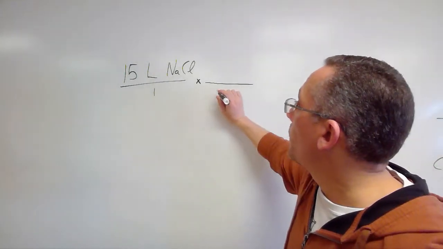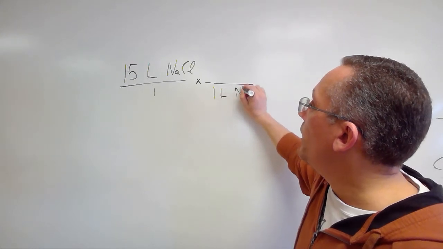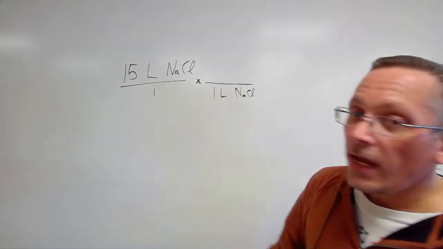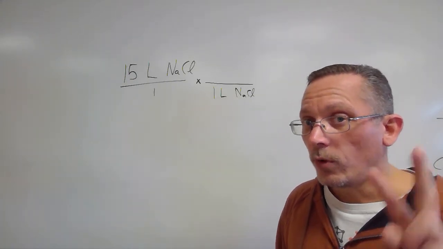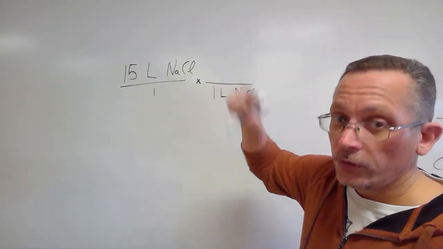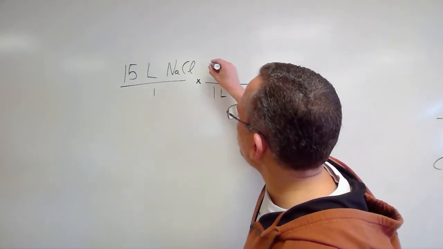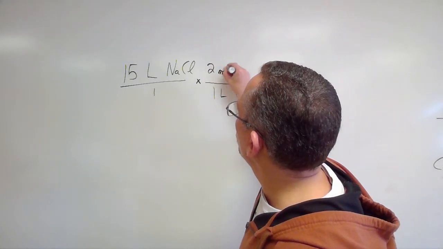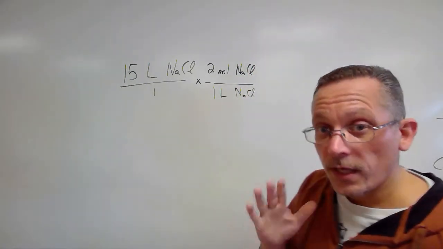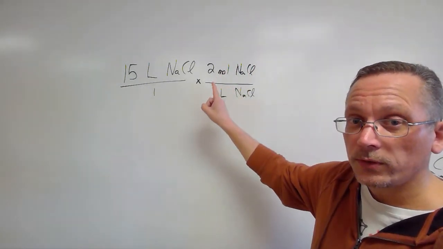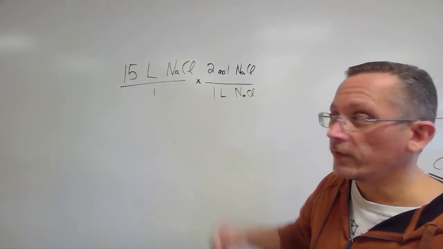And that is NaCl. And then the problem said that the concentration we wanted was 2 molar. So up here I'm going to put 2 moles. So the concentration was 2 moles to each liter, right?